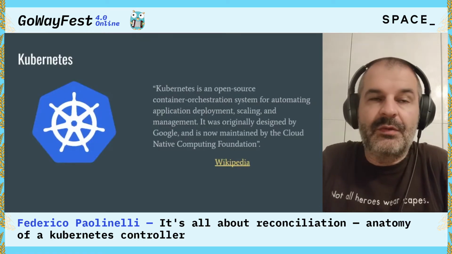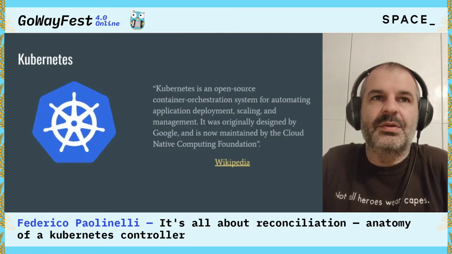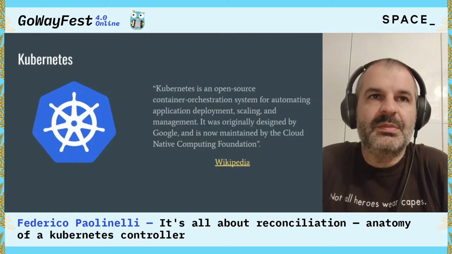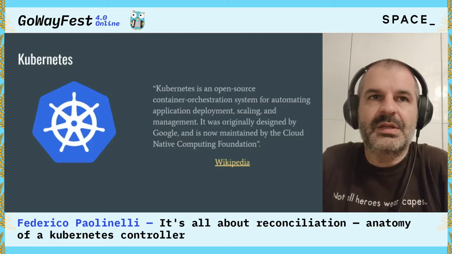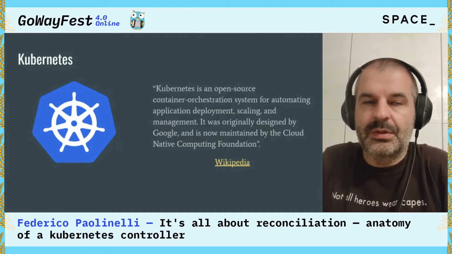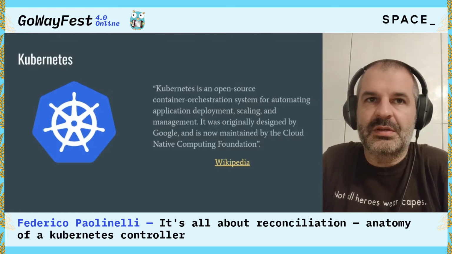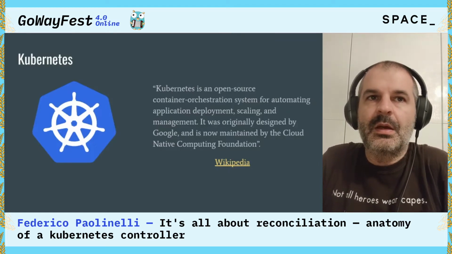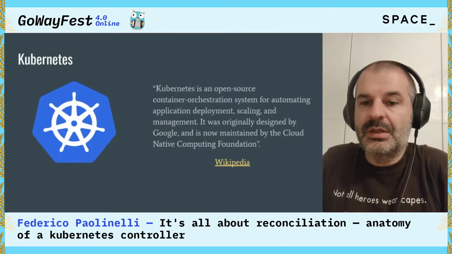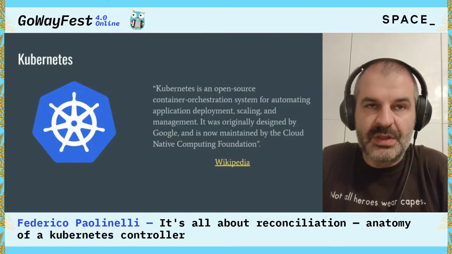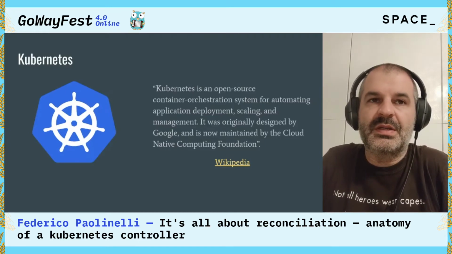Normally here I would ask who knows what Kubernetes is, but given I can't see the hands, I'll just introduce it for those who don't know what it is. Kubernetes is a container orchestration system, initially released by Google and now part of the CNCF.